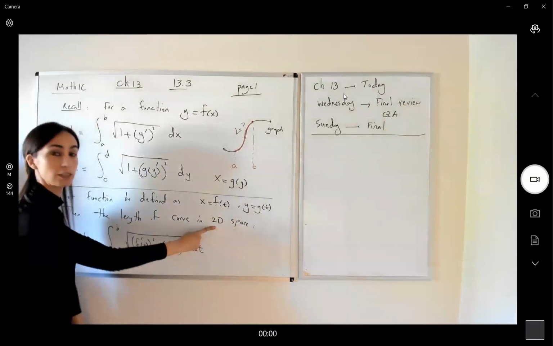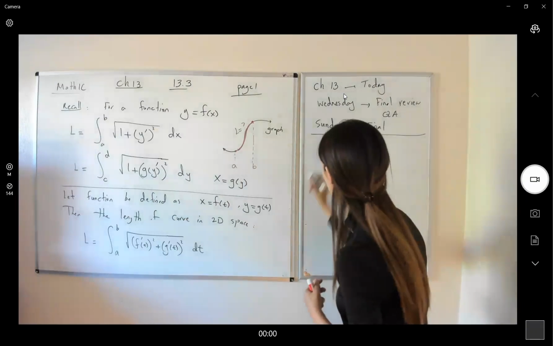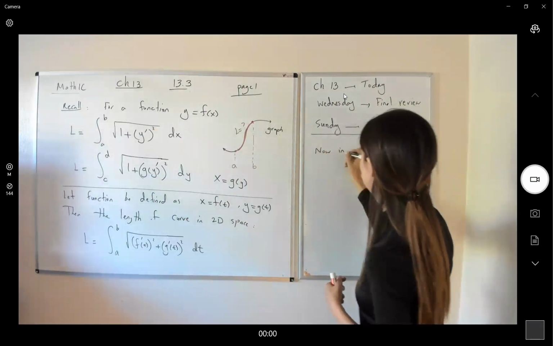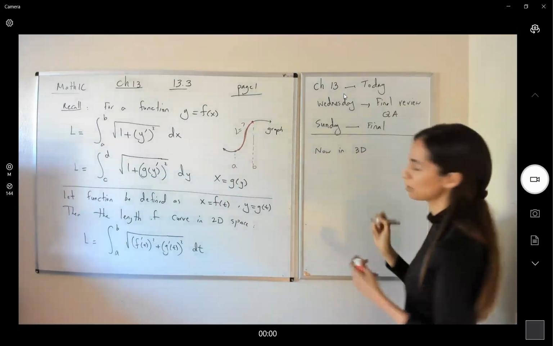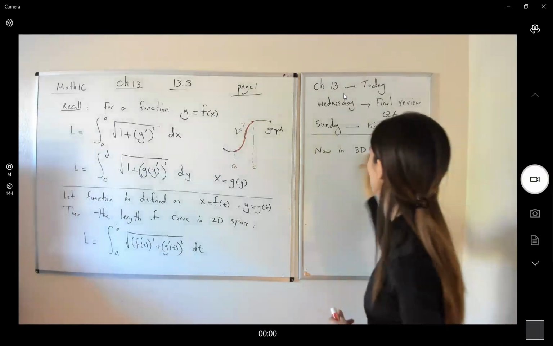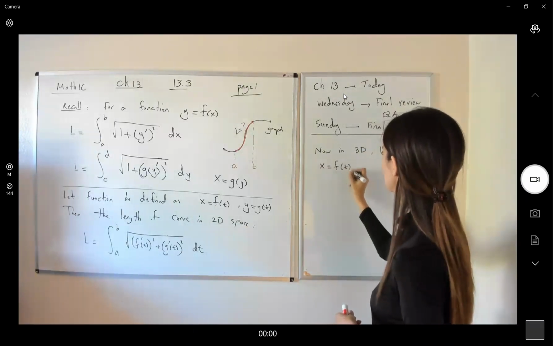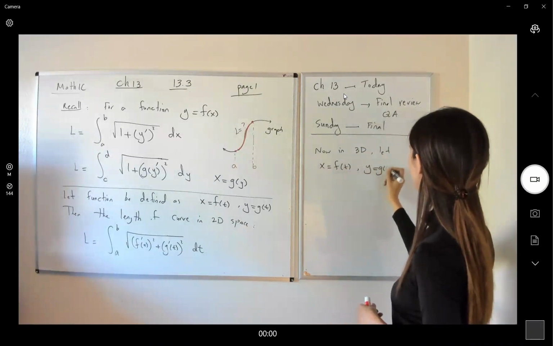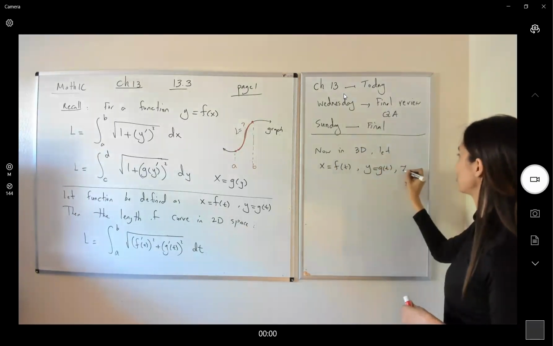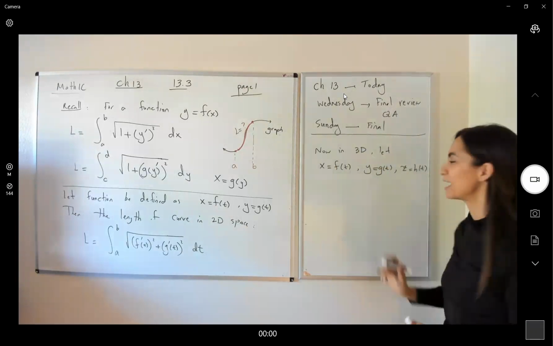Okay, it is in two-dimensional space. Now we generalize this to three-dimensional space. Now, in three-dimensional space, of course, we have x, y, and z. So let x be f of t, y be g of t, and z be h of t. And suppose your t ranges between a and b.